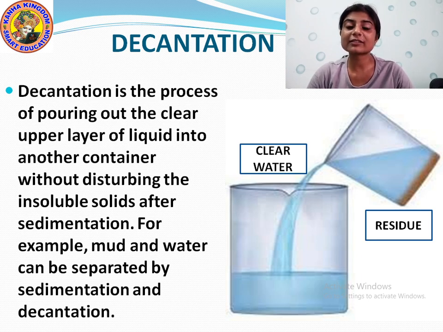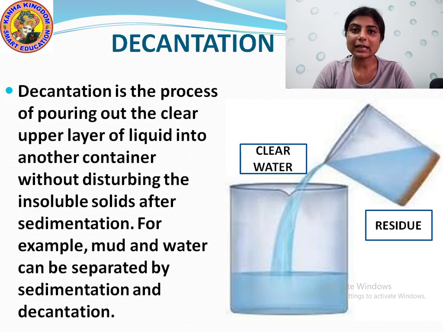In this process, the clean water on the top of the container, leaving the insoluble substance behind, that means the sand residue settled down in the container, we just pour into another container. Leaving the insoluble substance behind. The method of pouring the clean water into another container is called decantation.